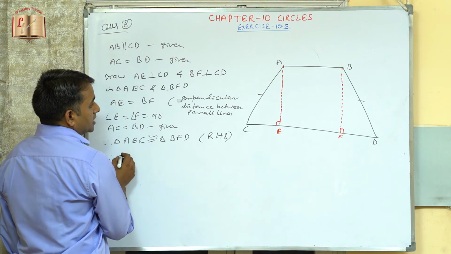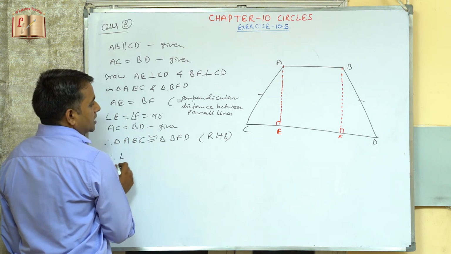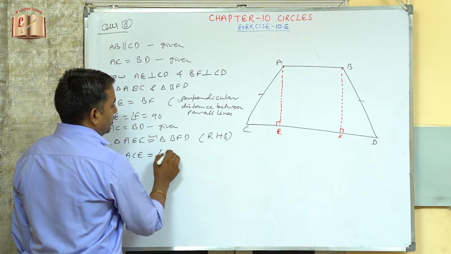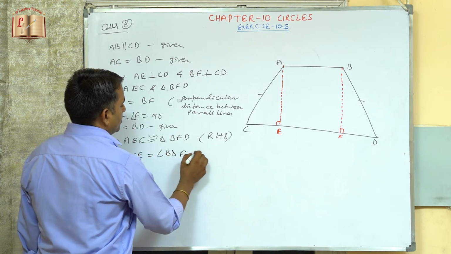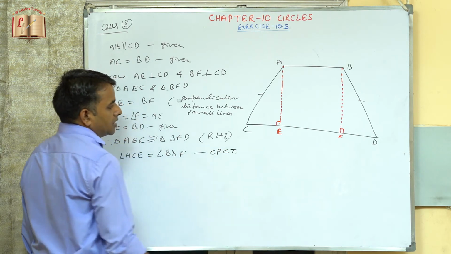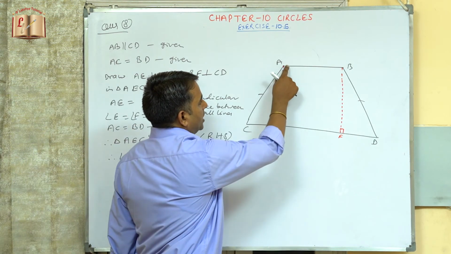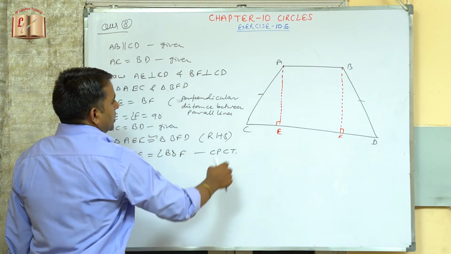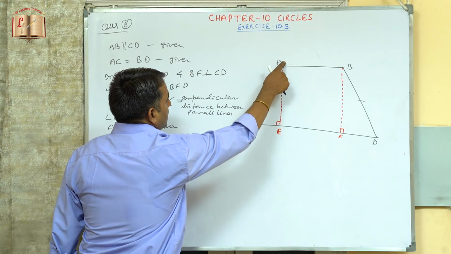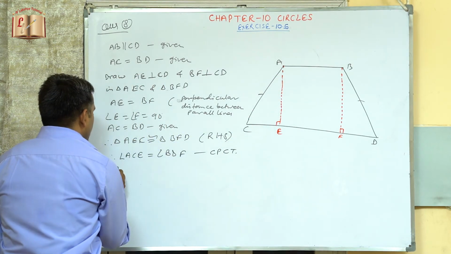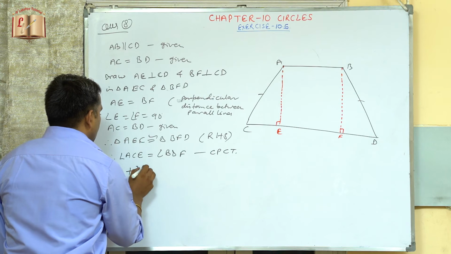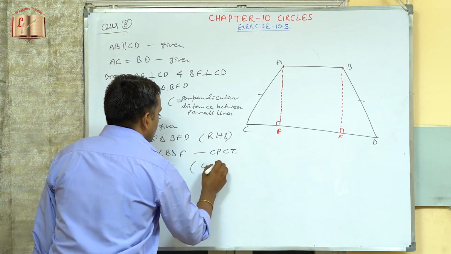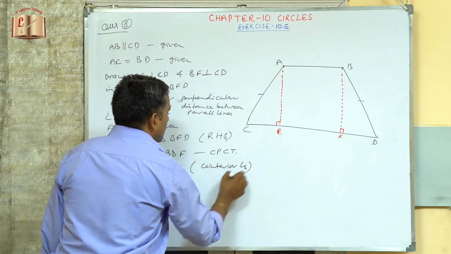So therefore we can say angle ACE is equal to angle BDF by CPCT. Now see that this is a cyclic quadrilateral, it is given to us. We need to prove that. So now angle A plus angle C will be equal to 180 degrees. These are the co-interior angles.